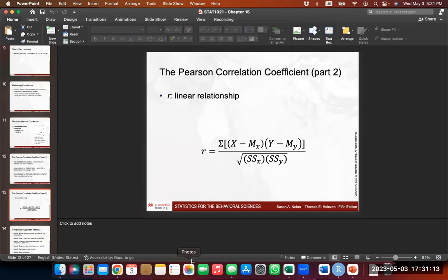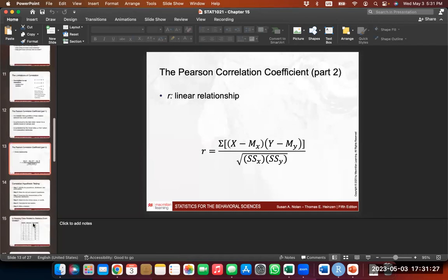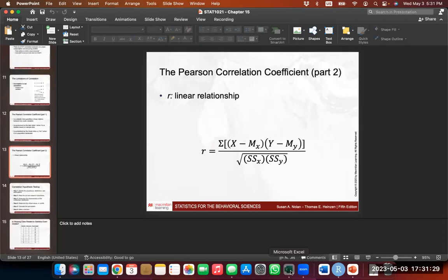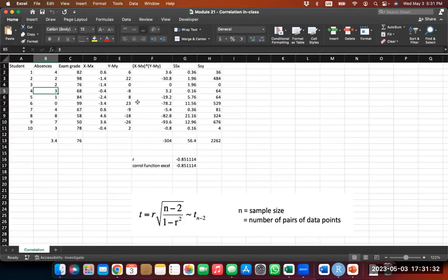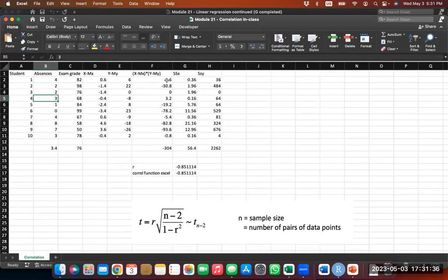That will be important with regression, where this serves the estimation of the so-called residuals, which is the distance of the individual points to the fit line or regression line. We calculated this correlation coefficient on the spreadsheet that accompanied module 21.